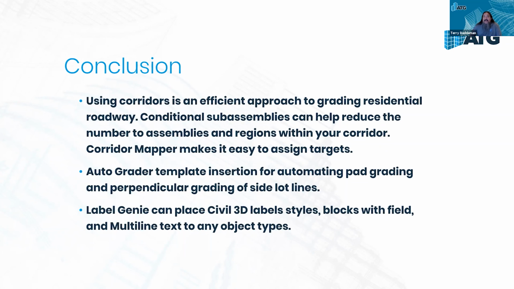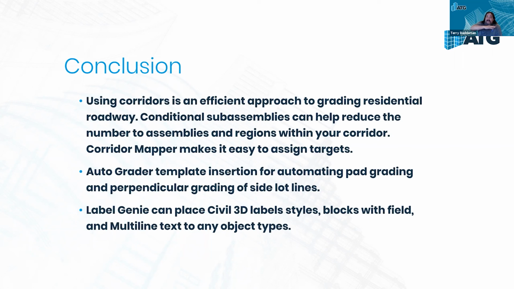So for Autograder, we have template insertion. That's the biggest tool, one of the newer tools from Autograder, which will grade a template. So you have a template, which was our feature line that we defined off the side of our drawing, and we place that based on its center point between 2 feature lines, which are the side lots. We can also change high point and low point.